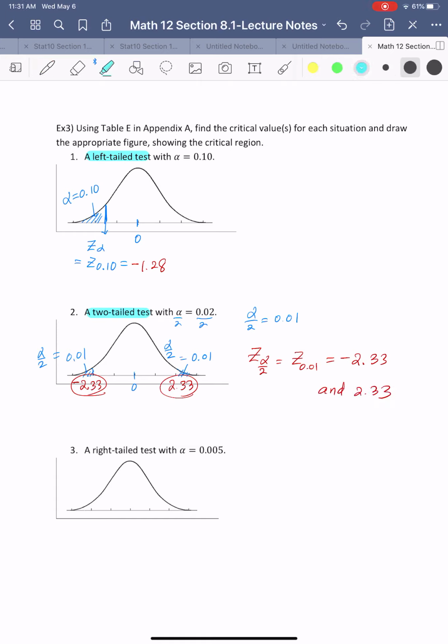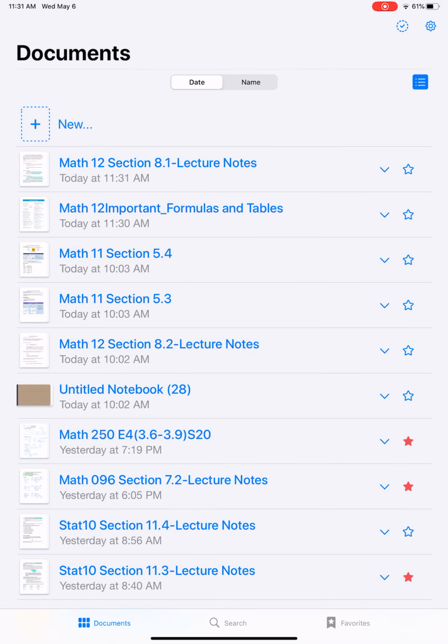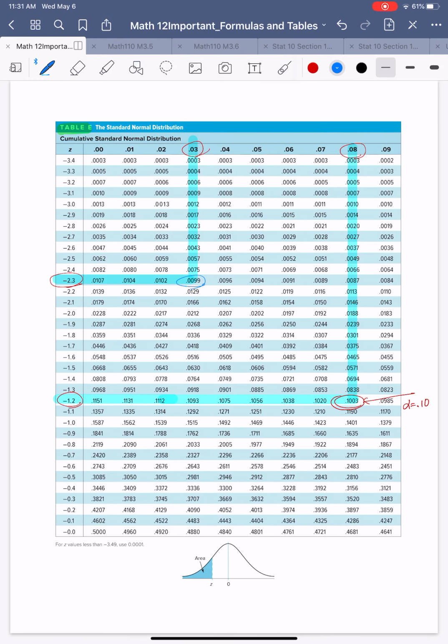Now the last one is a right-tail test, and alpha is 0.005. Right tail means it's on the right, so the area is 0.005. I'm looking for this z-score. Because it's symmetric, you can do it either way.